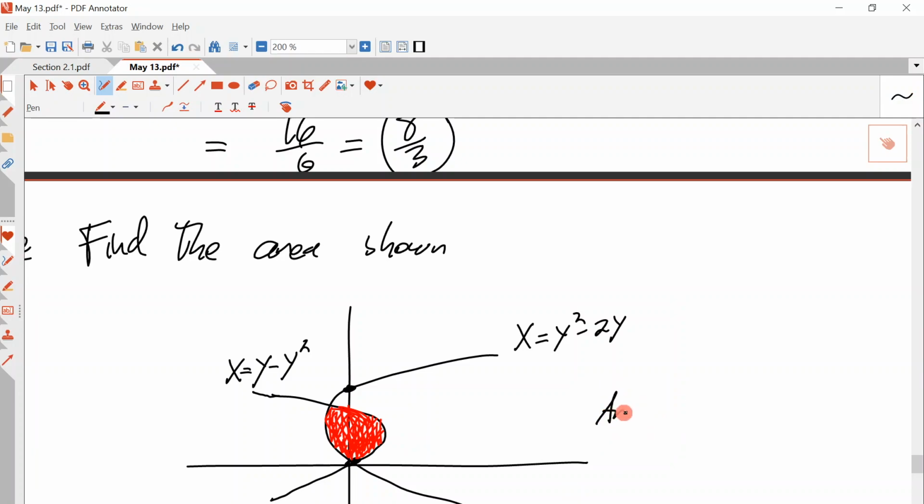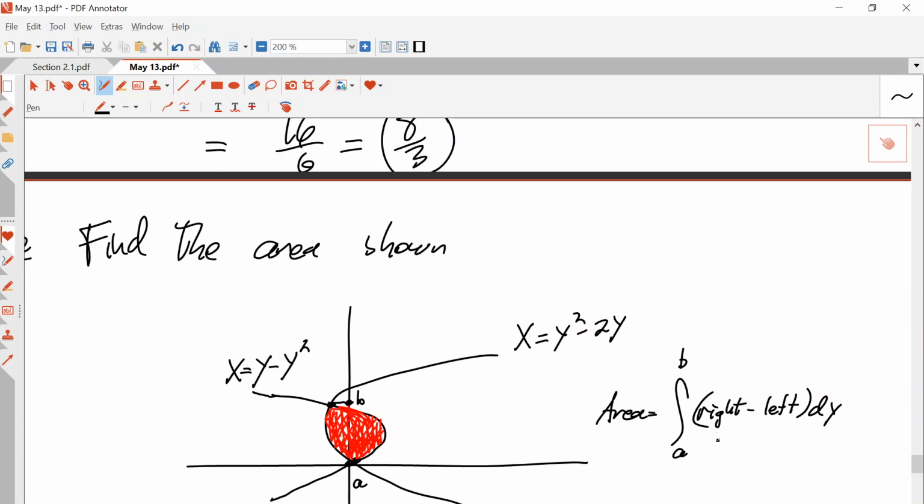Right, so here the area is equal to the integral from a to b, and a and b are going to be these points here. So this is going to be a, and then this is going to be b right here. The integral from a to b, right minus left, dy.